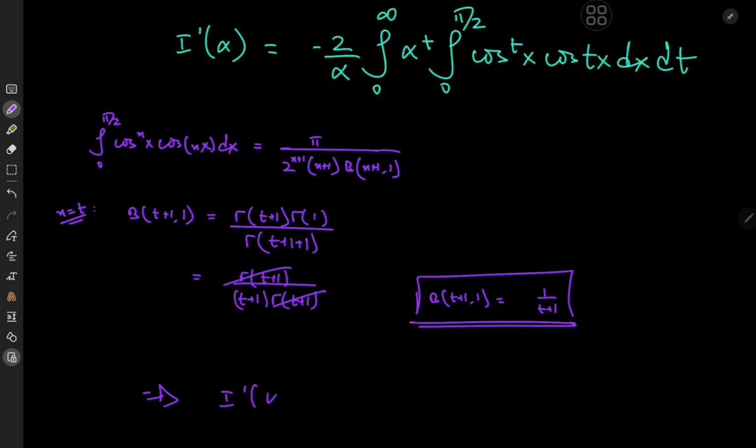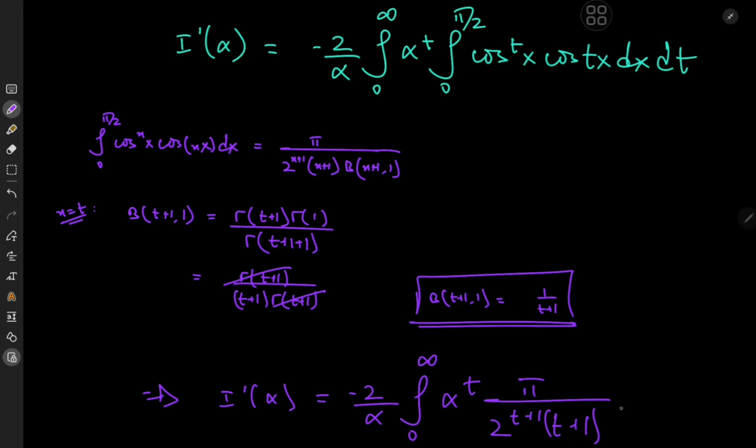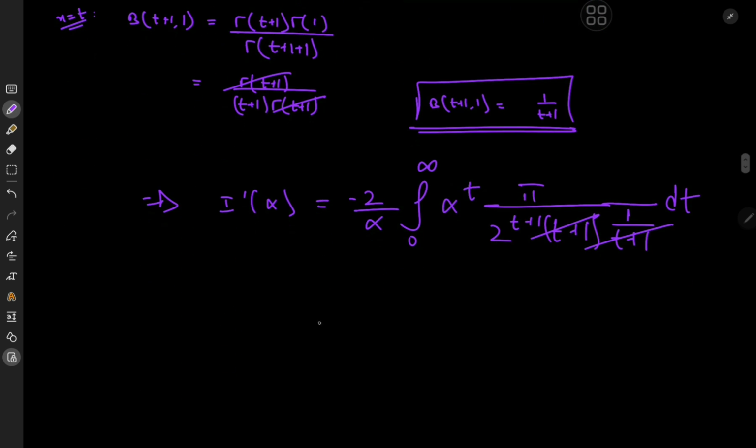So the derivative of I with respect to alpha equals negative 2 by alpha times the integral from 0 to infinity of alpha to the t times the result of this integral, which is, in our case, pi divided by 2 to the t plus 1 times t plus 1 times 1 by t plus 1 dt. And we see some nice cancellation taking place. And we have a very simple integral to evaluate.